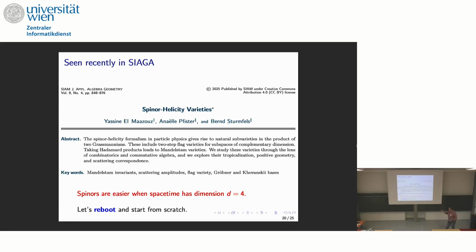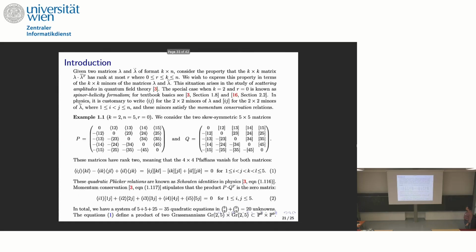In this situation, now d is equal to 4, and we have, therefore, these 2 brackets, because the spin representation breaks into 2 components. Okay, so let me say just a few words about this paper.